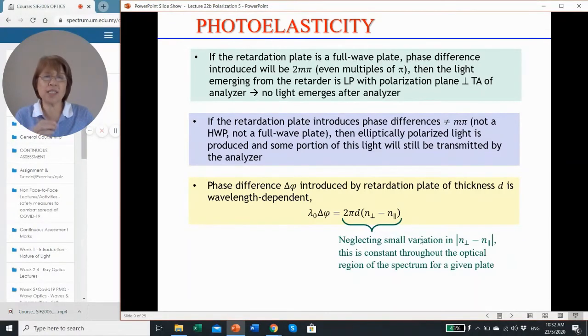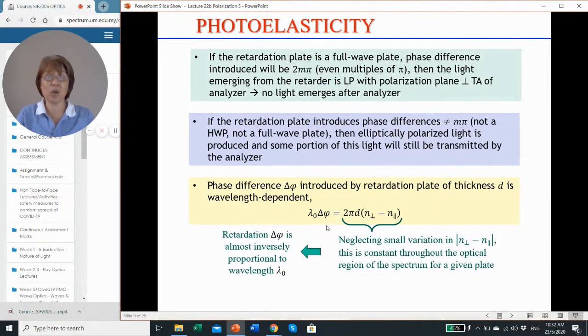Usually this difference is small. If we neglect this small difference, then this term would be quite constant for a given retardation plate of thickness d. So if this part is a constant, this means that the retardation, which is given by the phase difference introduced, delta phi, will be inversely proportional to wavelength.